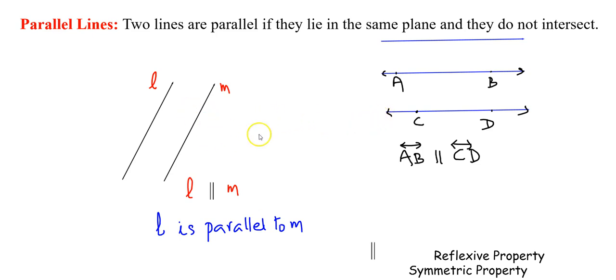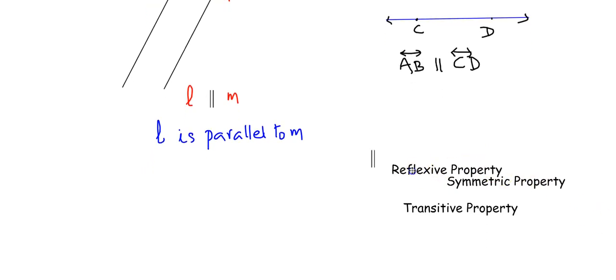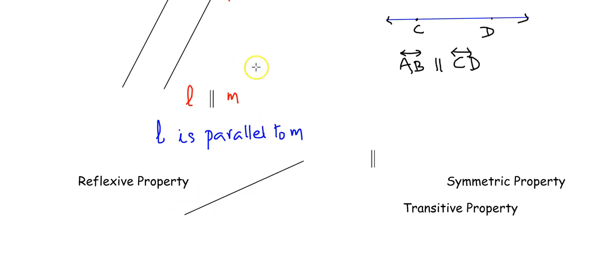Now, we'll also look at the properties of parallel lines. The first one is the reflexive property. Every line is parallel to itself. That is, if you have one line L, that line L is parallel to itself.